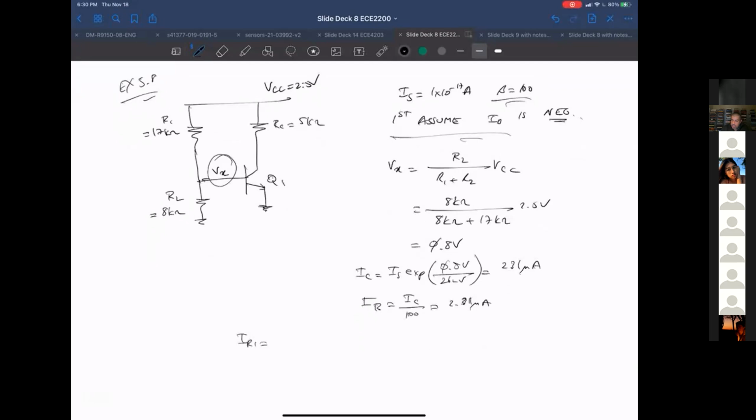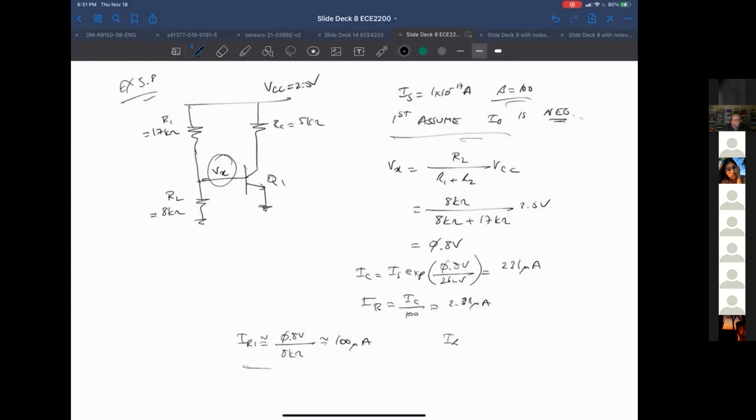IR1 is approximately 0.8 volt divided by 8 kilo ohm, so it's about 100 microamps.